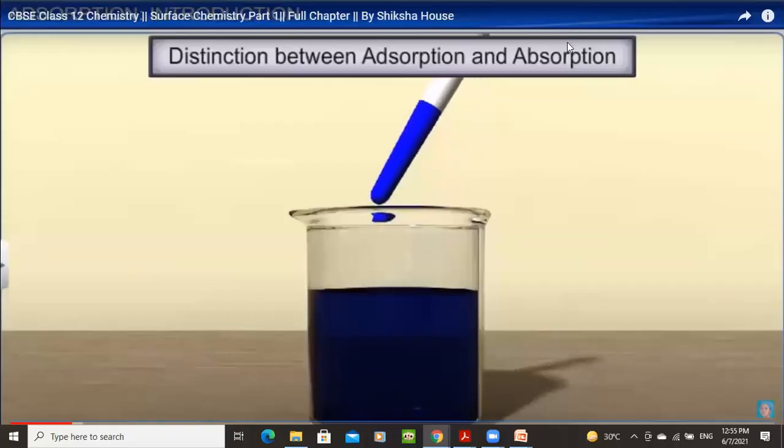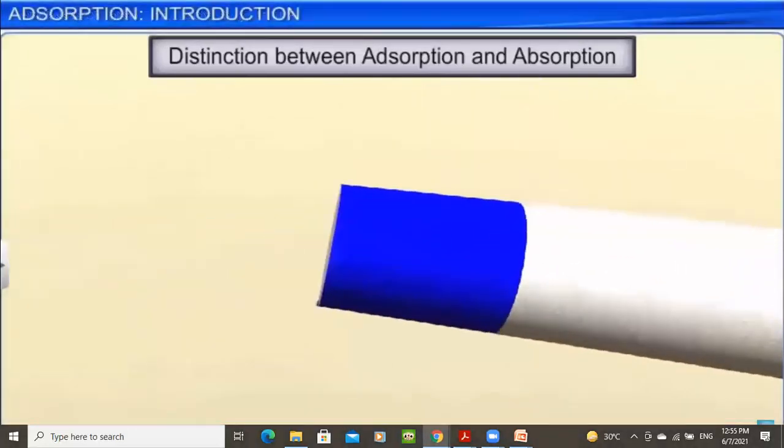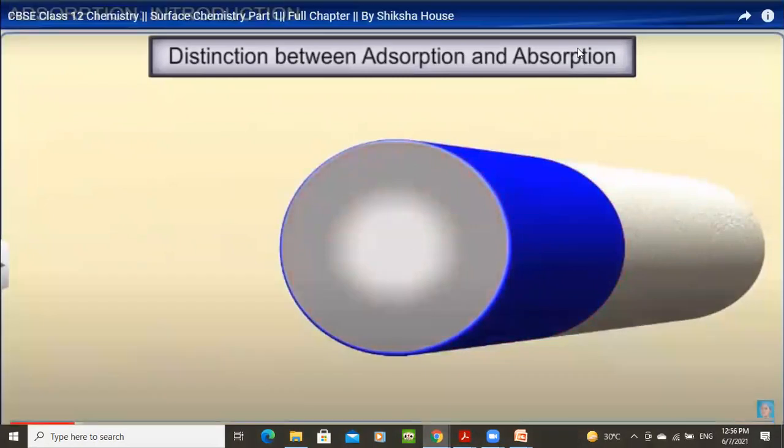If we put a chalk inside ink, what happens? The ink will just stick to the surface first. But if we leave it for a long time, it will penetrate. So if I put this piece inside the ink, the ink just sticks to the surface only. It is not inside the bulk. So this is adsorption.